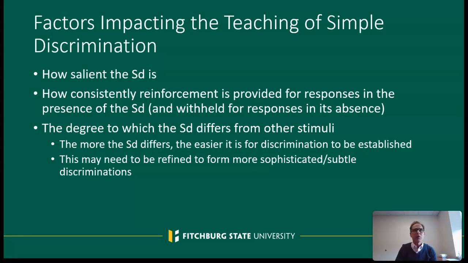Number two, how consistently reinforcement is provided for responses in the presence of the SD, and how consistently reinforcement is withheld for responses in its absence. Especially for early learning, if food comes out at every peck when the light is on and never comes out when the light is off, that's going to enhance early learning.